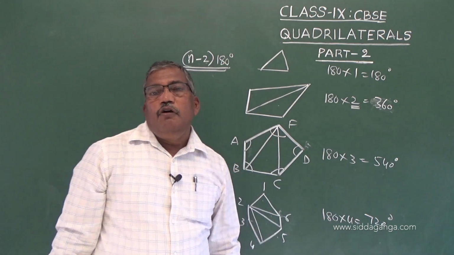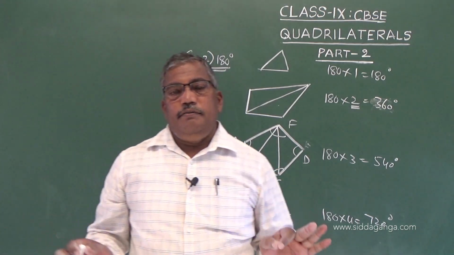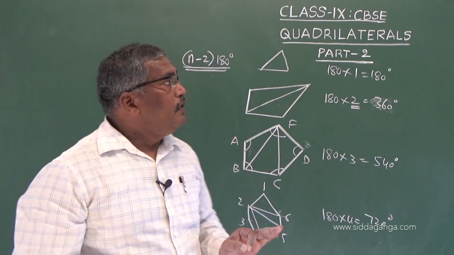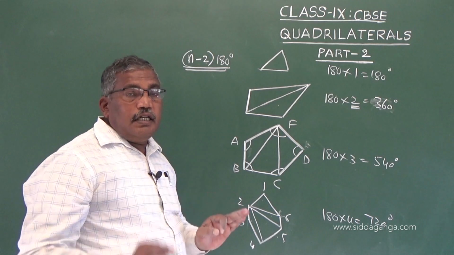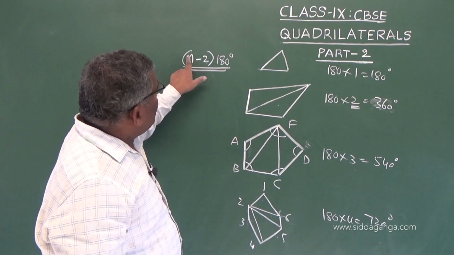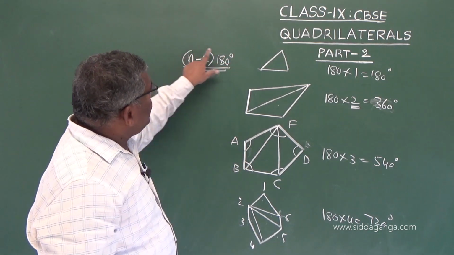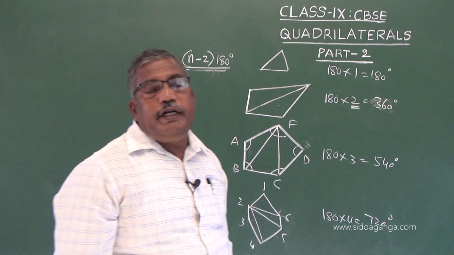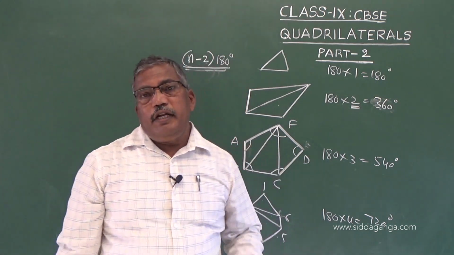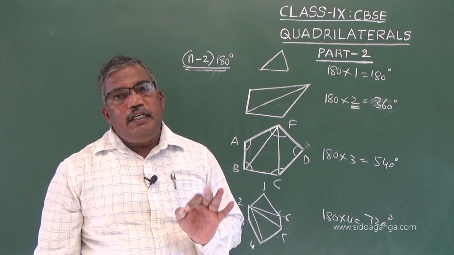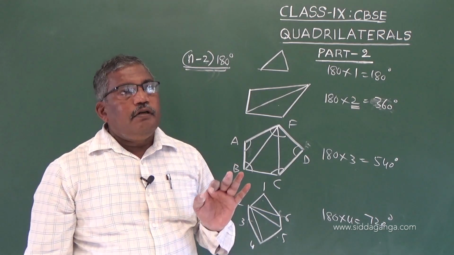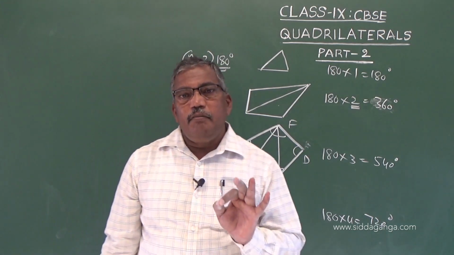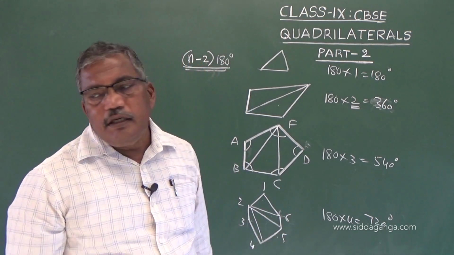So therefore, for any polygon with n sides, the general formula for interior angle total is n minus 2 into 180. So n stands for the number of sides in a polygon.